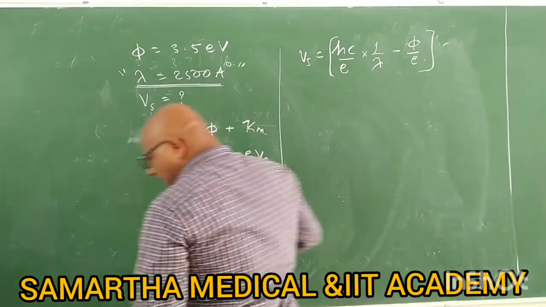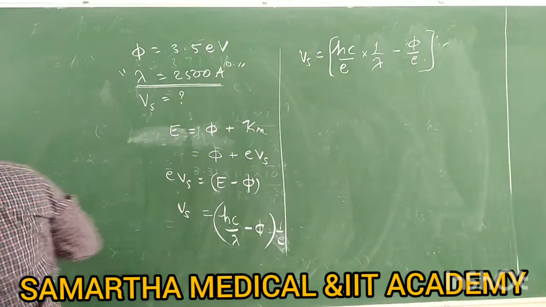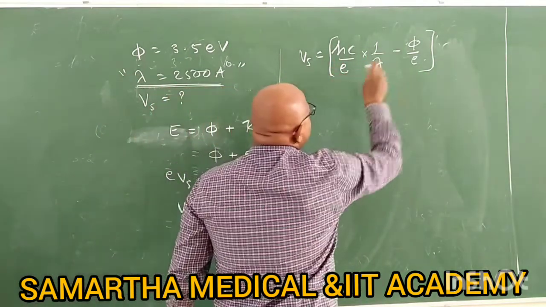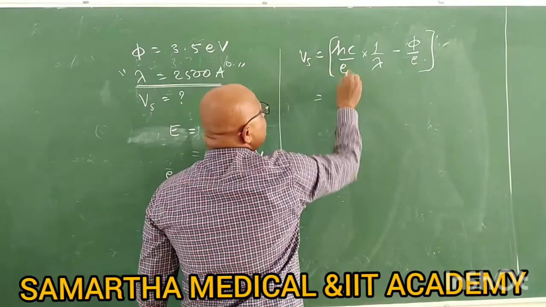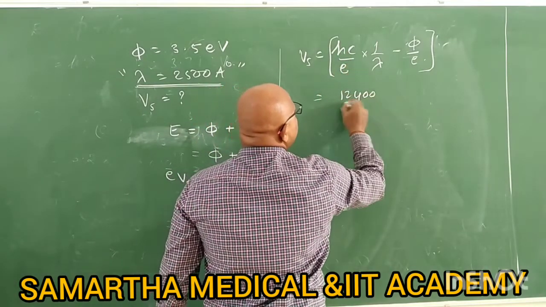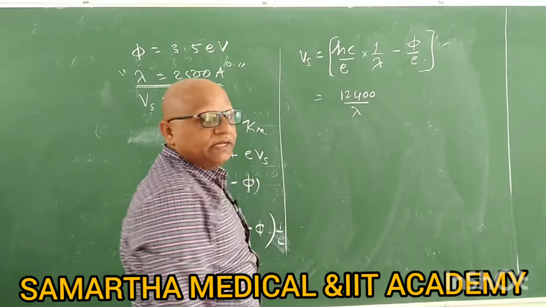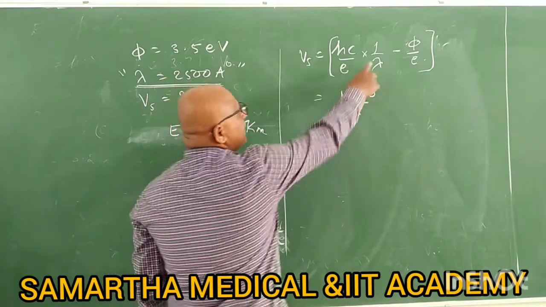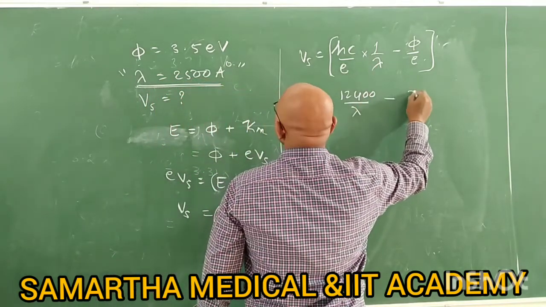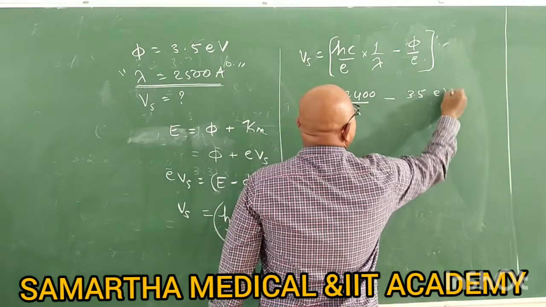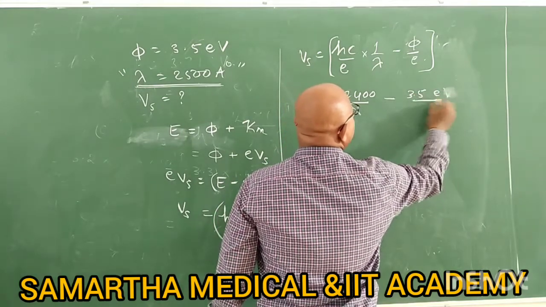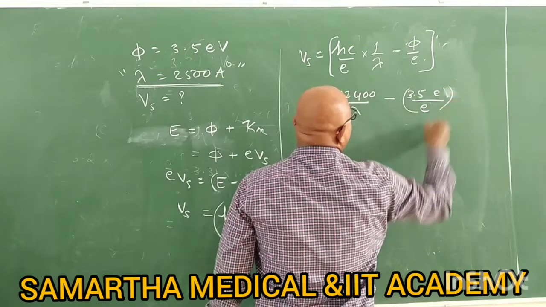I am writing this form, particularly Hc by E into 1 by lambda, because you know the value of Hc by E is 12,400 by lambda, right? Hc by E is 12,400 divided by lambda, minus phi which is 3.5 eV, and it is to be divided by E only.